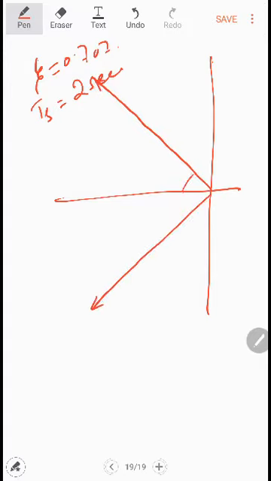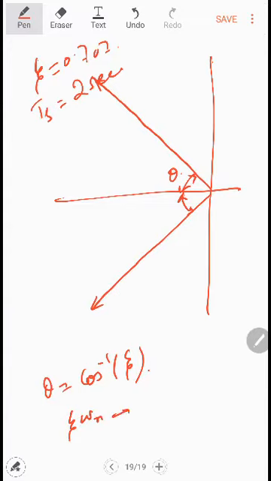Then we find theta, which is equal to cos inverse of zeta. The third thing is that we have to find zeta omega n along the real axis.